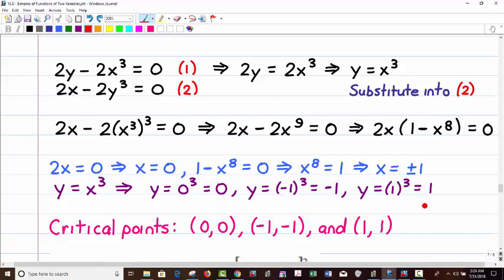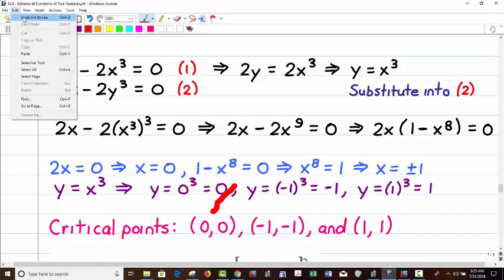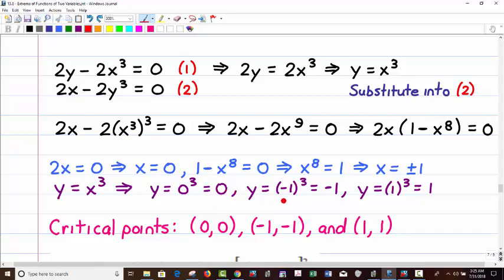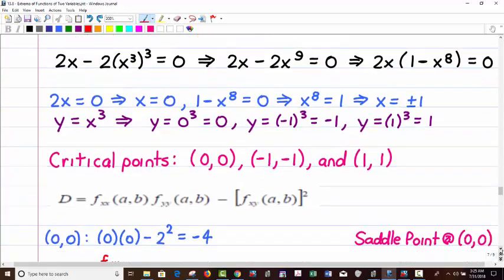Just by the fluke of numbers, it's a coincidence that 0, negative 1, and positive 1 all cube to be the same thing. So 0 cubed is 0, negative 1 cubed is negative 1, and 1 cubed is 1. So those are my 3 critical points.